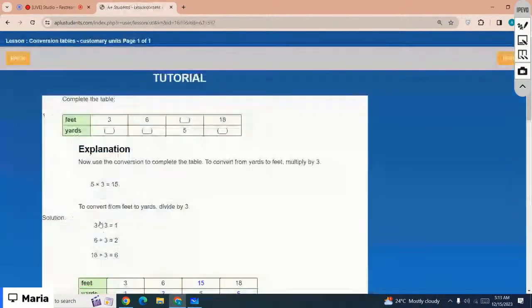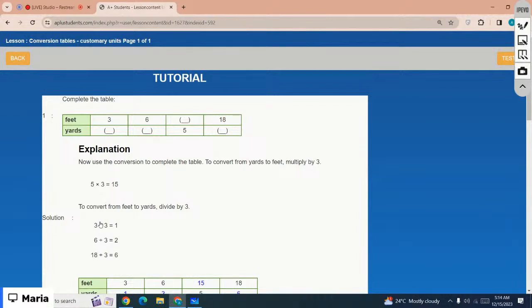Okay, you have to convert from feet to yards, right? You are given the feet, you have to convert from feet to yards.